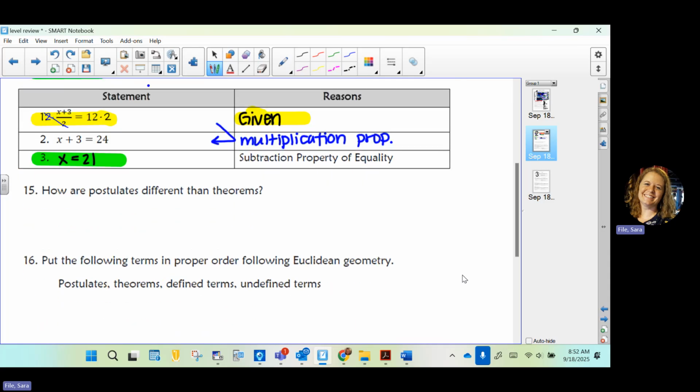All right, 15 asks for the difference in postulates and theorems. Does anybody remember? We talked about it in the notes again yesterday. It's been in 2 or 3 of our sets of notes because I told you it's going to be on the test. You have to know the difference. Postulates don't require proof. That's exactly right.